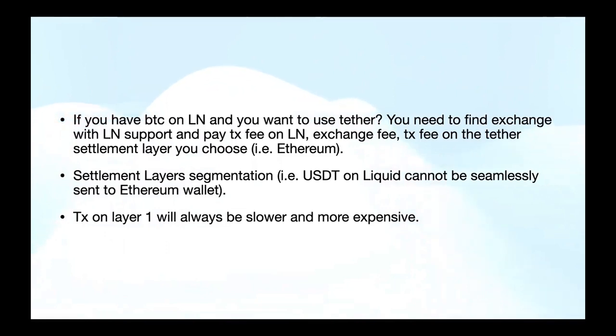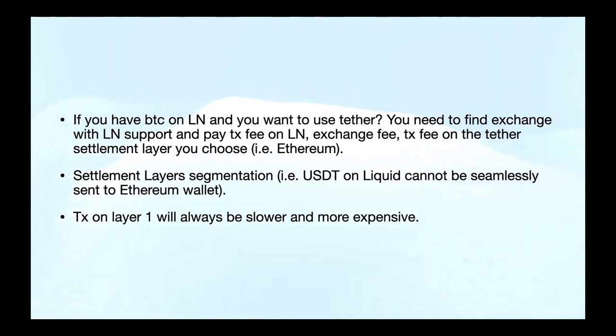Another fact is that Tether is issued on different networks or settlement layers, but these settlement layers are kind of isolated. So if you have USDT on Liquid, you cannot seamlessly send it to your friends who have an Ethereum wallet and want to receive Tether on top of Ethereum.